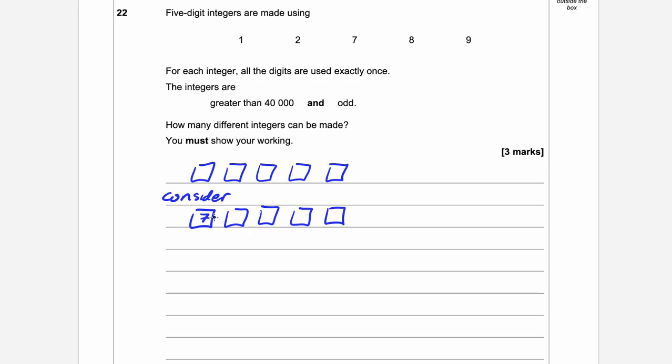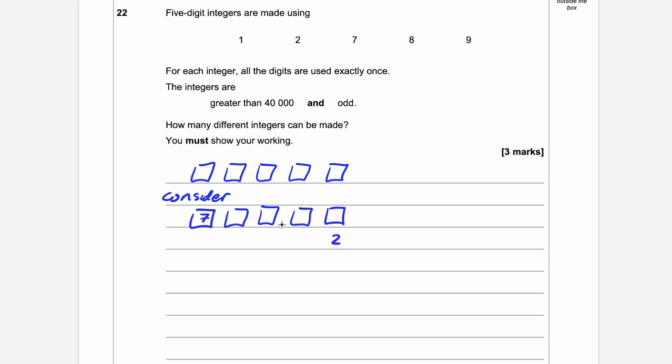So if I put a 7 into this first box, then the last box can have a 1 or a 9, so 2 can go in there.